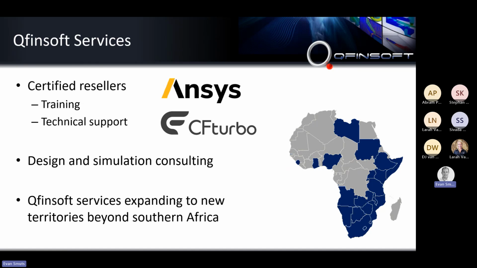We do a lot of sales, pre-sales, support and training, as well as technical support behind the scenes in terms of consulting and other services. We are servicing particularly Southern Africa, but also branching out into the rest of Africa, expanding our reach as Africa is growing and developing.